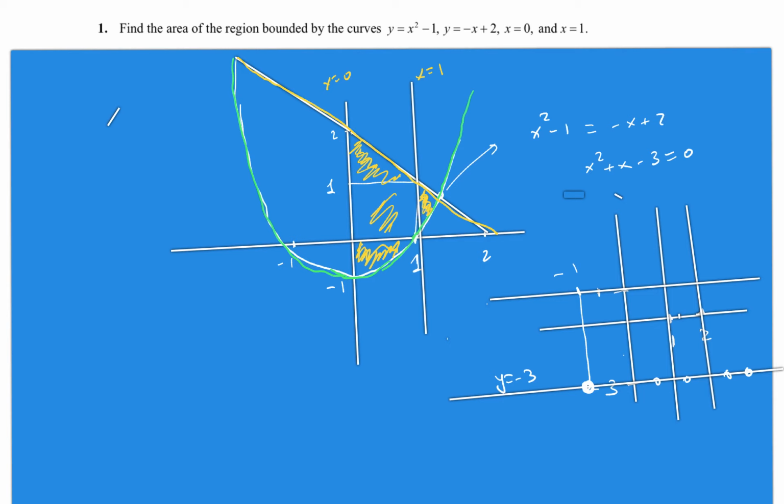So when you find the area, it will be the integral from x equals 0 to x equals 1 of this distance. Let's place this distance.